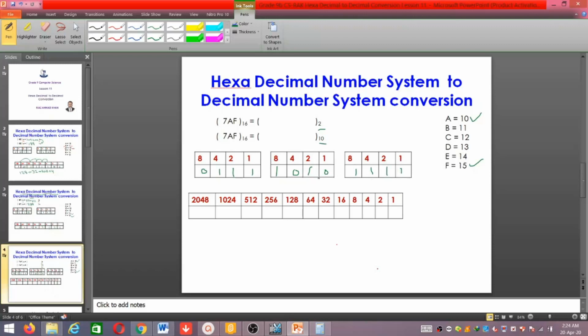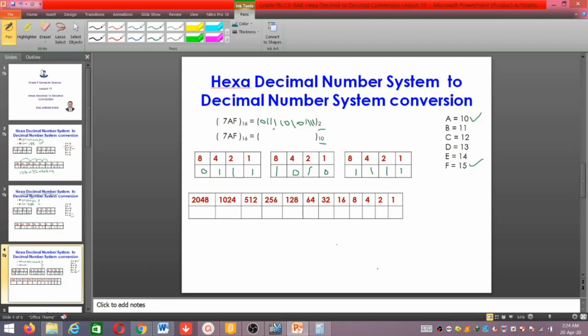I'm doing it without explaining too much because we have already done hexa to binary conversion, and this is the same method you have already practiced. So 0 1 1 1, and then this one 1 0 1 0, and then you have 4 ones: 1 1 1 1.